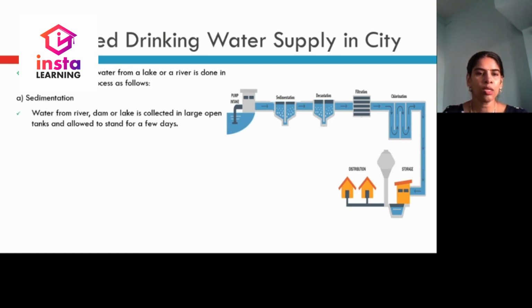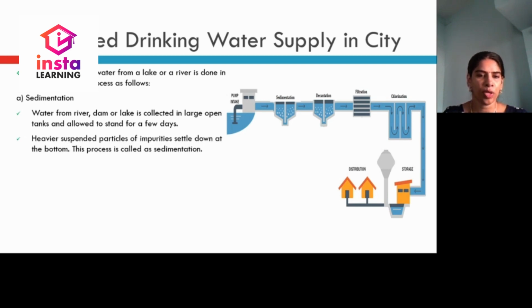Then the water is allowed to stand for a few days. Heavier suspended particles of impurities settle down at the bottom. This process is called sedimentation. Chemicals such as alum may be used to speed up sedimentation.